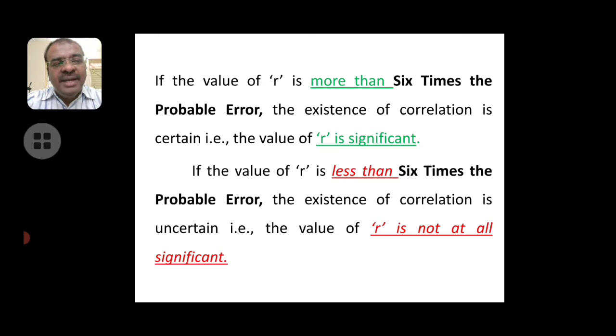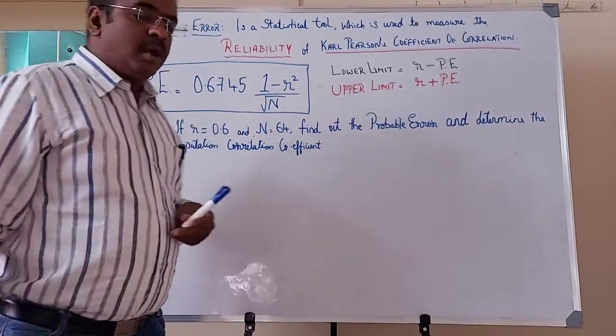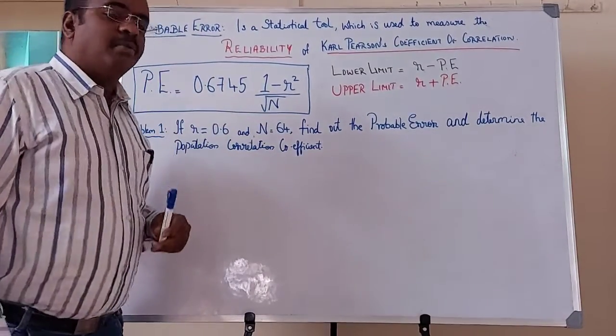But if the value of r is less than 6 times the probable error, then the existence of the correlation is uncertain, which means this correlation may not bear any significance. When the test is conducted again, the value of r may not lie between the lower limit and the upper limit. Now, let us look at how to solve problems on the basis of probable error.